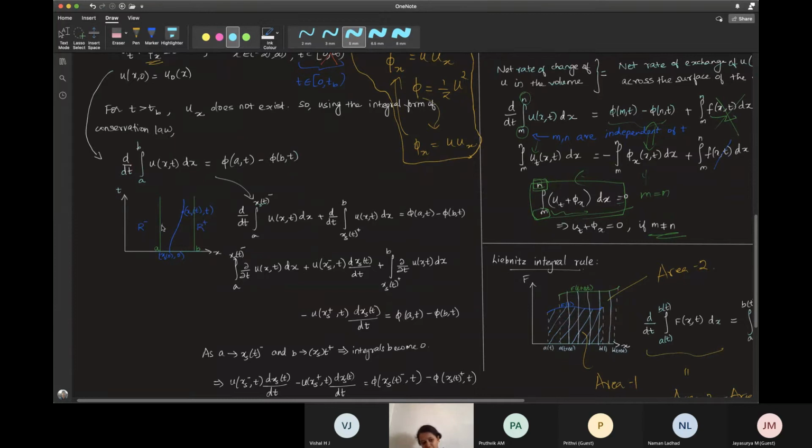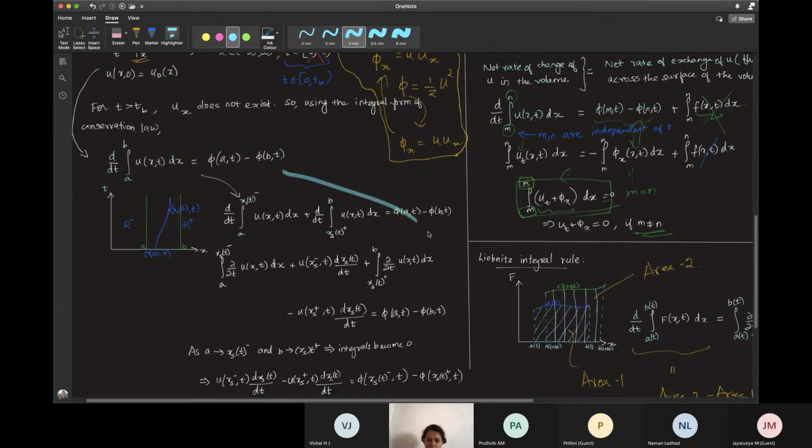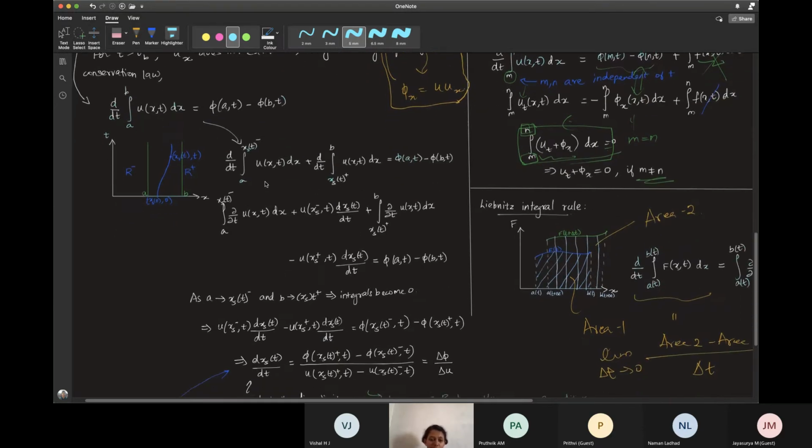It is from a to some point to the left of x_s(t), as close to x_s(t) as possible, and from some point as close to x_s(t) from the right towards b. So this is how you take the integration. Then you split this integral into 2 different integrals. Then you just keep the same thing over here.